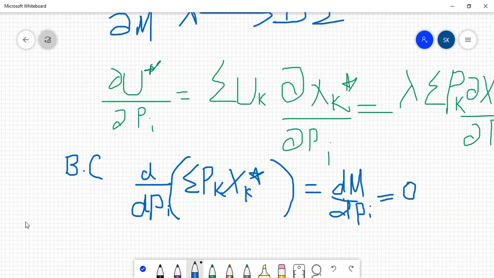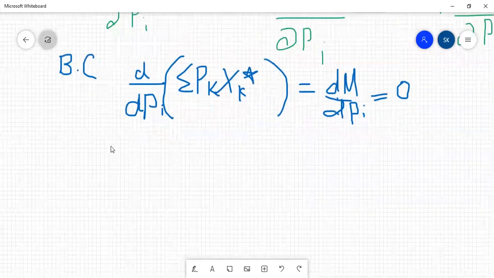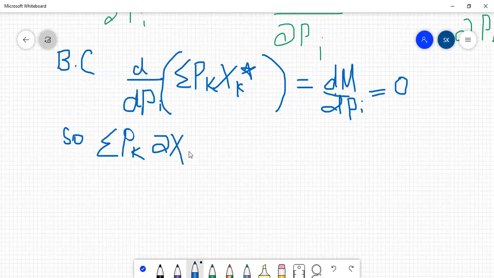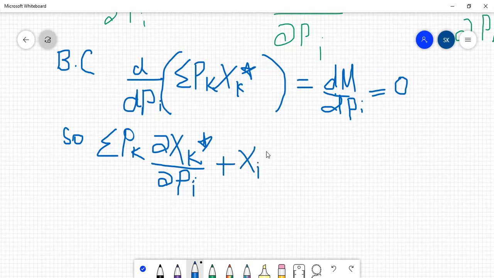So therefore, we can say that summation Pk curly xk star divided by curly Pi, plus xi star, is equal to 0.